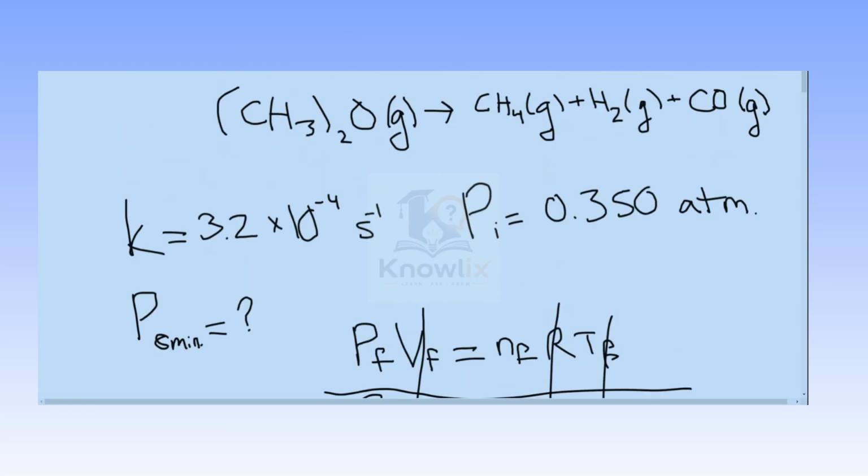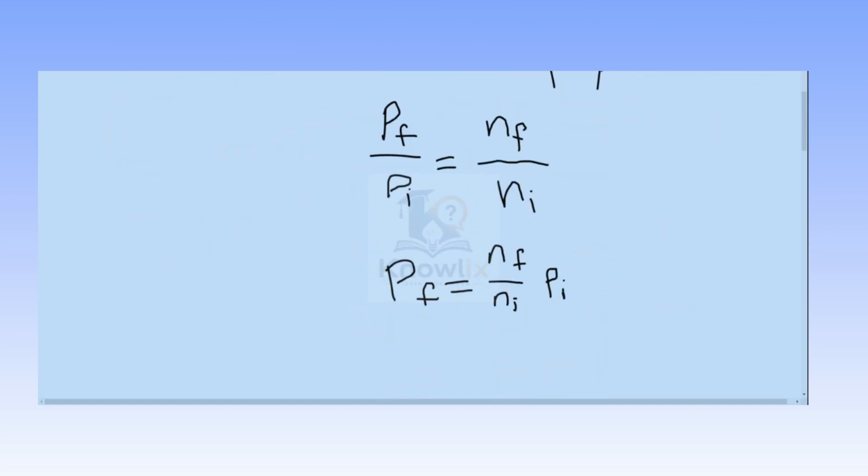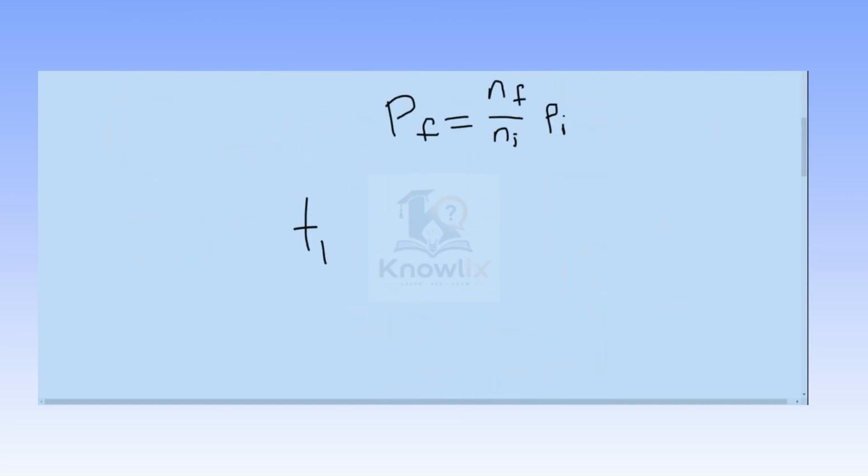So let's figure it out. We notice that we have 1 mole of gas turning into 3. And we have this rate constant. From the rate constant, we can figure out the half-life. The half-life is simply the natural log of 2 over k.